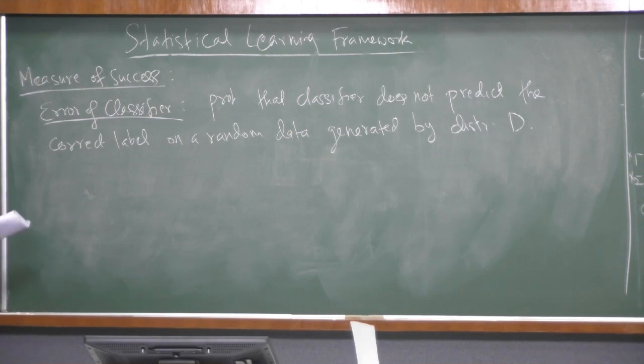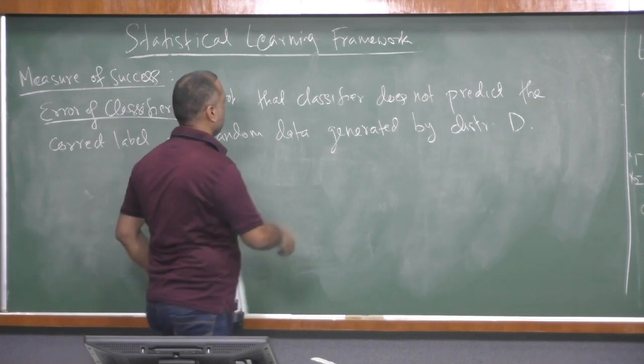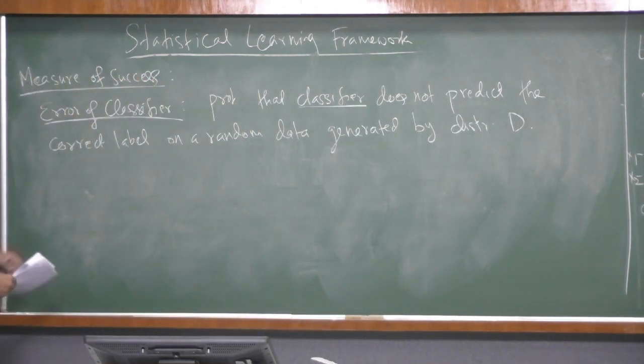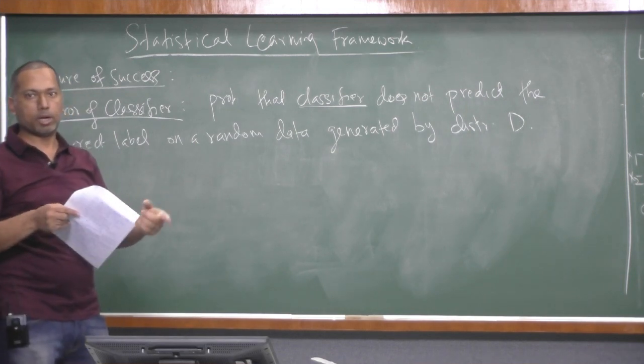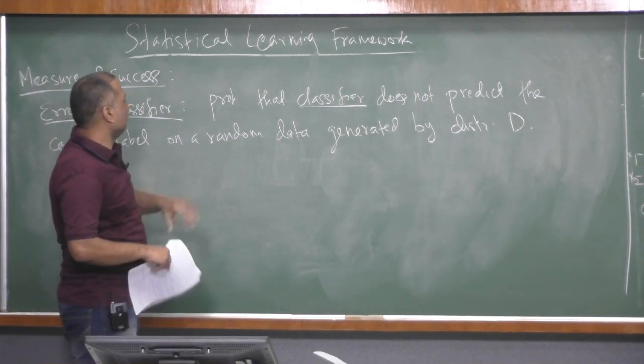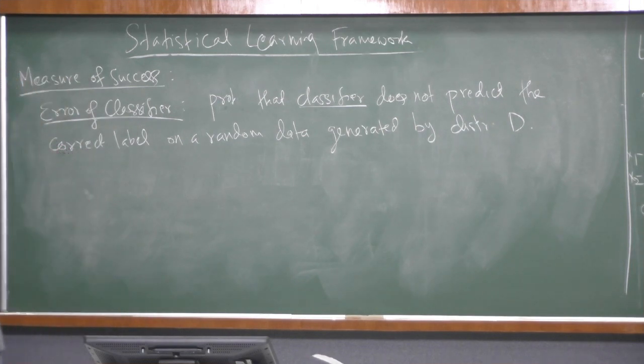So the error of a classifier is the probability that the classifier that we learn does not predict the correct label. What is the probability that I'm not going to predict the correct label? I will measure that. Maybe it's 0.2 probability, let's say.